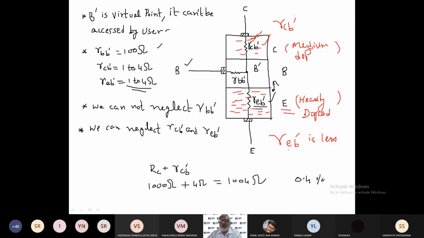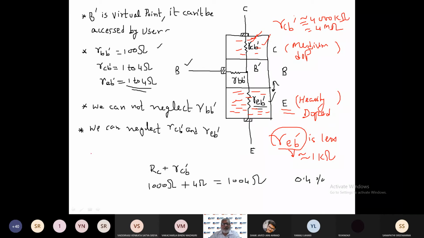So the resistance of RB'E will be around 1 kilo ohm, and for RB'C it will be around 4000 kilo ohm, which can also be written as 4 mega ohm. So RB'E is much smaller than RB'C.